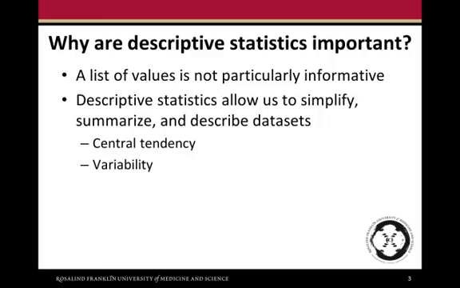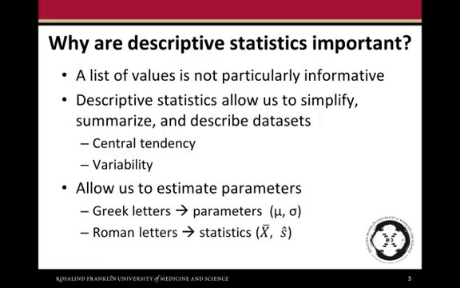And so descriptive statistics allow us to simplify, summarize, and describe these data sets with some measure of central tendency, so the mean, median, and mode, for instance, and also measures of variability. And in a little bit, we'll talk about some examples where the means might be similar, but there's differences in the variability and how that can be informative.